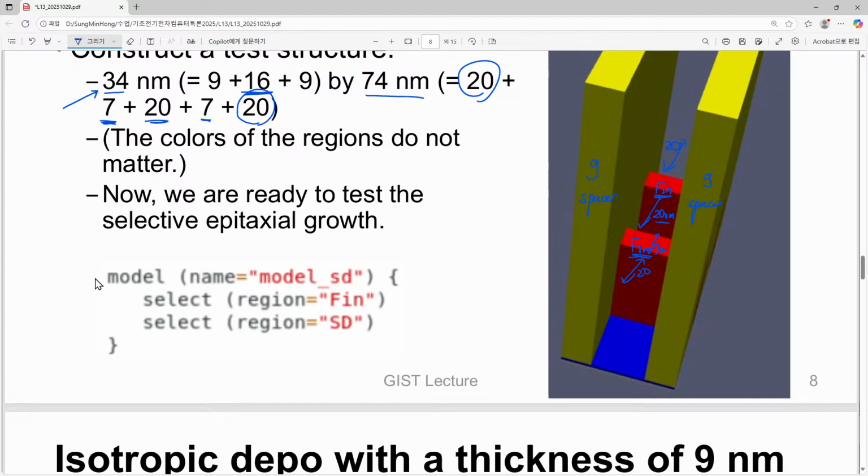In your exercise, please set this model in this way. Of course, the region names themselves can be changed. I call this red one the fin, and the later one which will be grown from this fin is named source drain, but you can name them as you want.